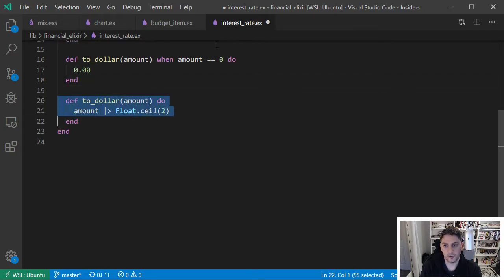You can see that the intent is for every other situation, you just pass amount into float.ceiling with a precision of 2 and be done with it. Now, if you wanted to, because of how Elixir does pattern matching, you could just say 0 here, and it would know anytime $2 is called with 0, you want to handle it this way.